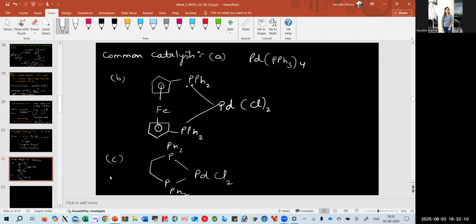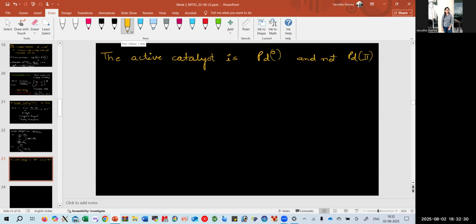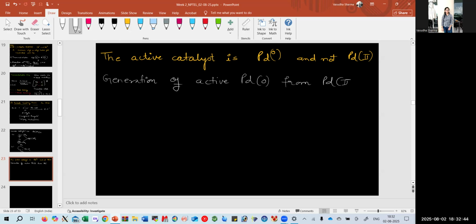So here, as I mentioned, the active catalyst is palladium(0) and not palladium(2). But when we are starting from palladium(2), how does it generate palladium(0)? So, generation of active palladium(0) from palladium(2). The organolithium that we are using basically helps in getting it reduced.